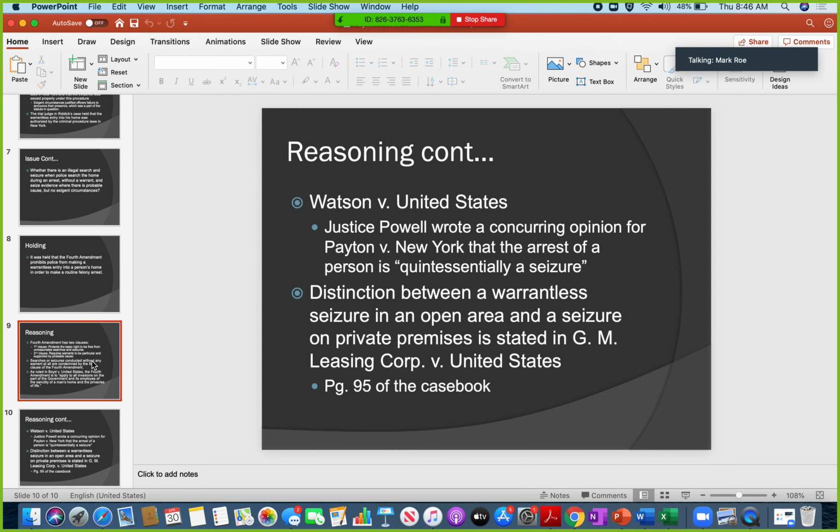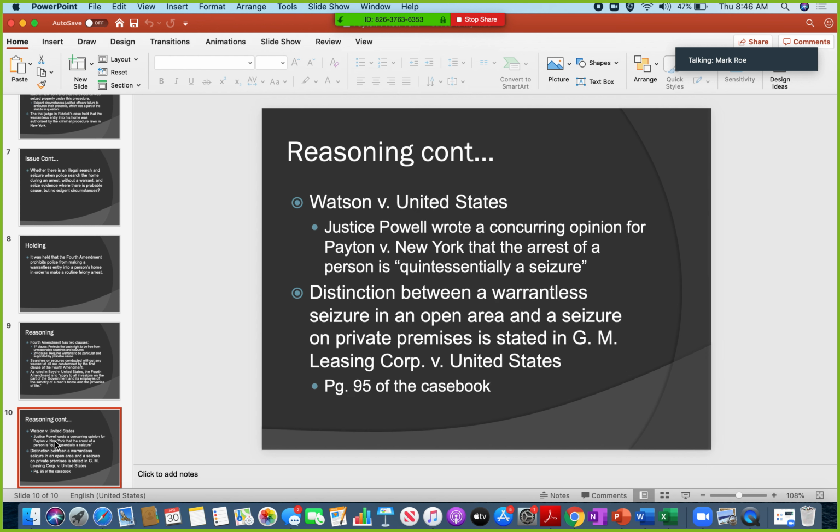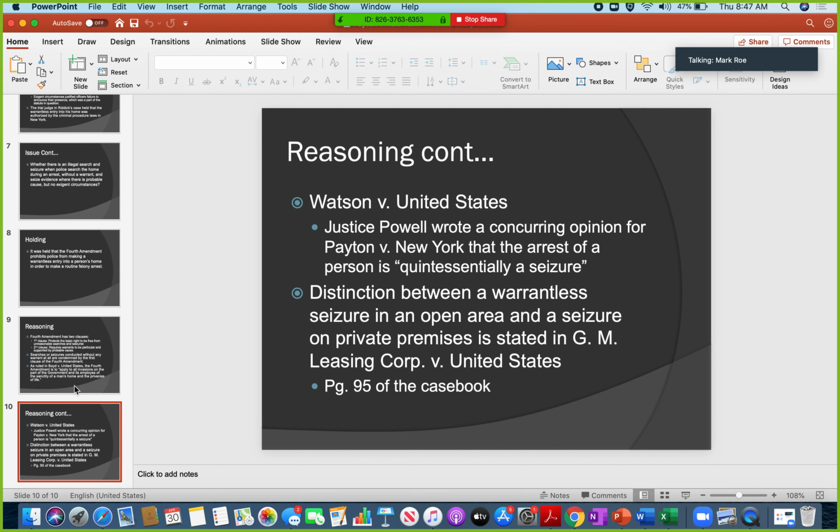But this is my reasoning slide. And this explains why the Supreme Court ruled the way they did. They cited a previous Supreme Court case, Boyd versus the United States. Okay. They also cited Watson versus the United States. Okay. So that's what we're looking for. And then your presentation is a part of this.